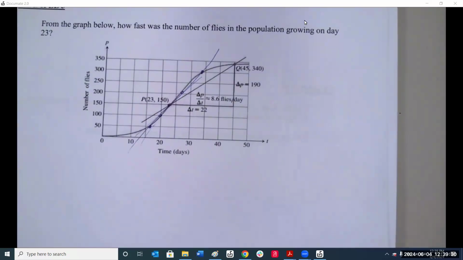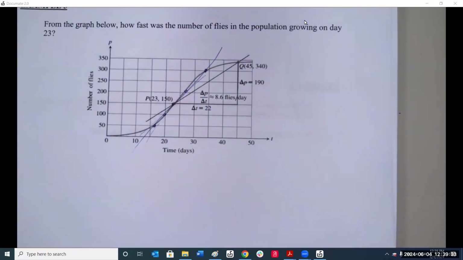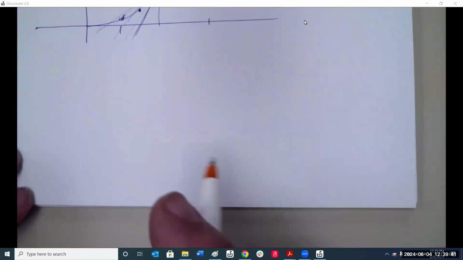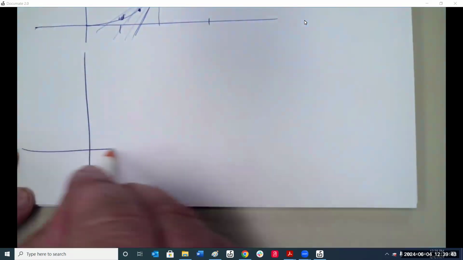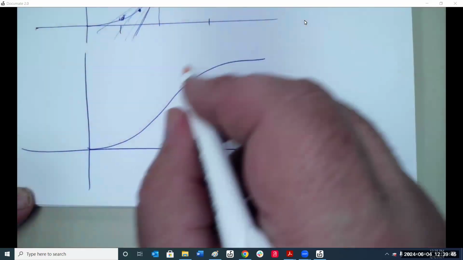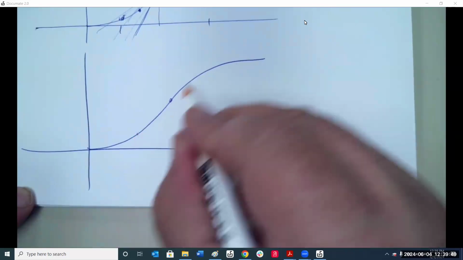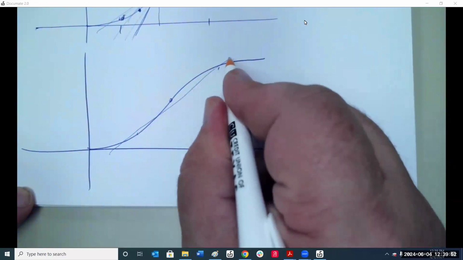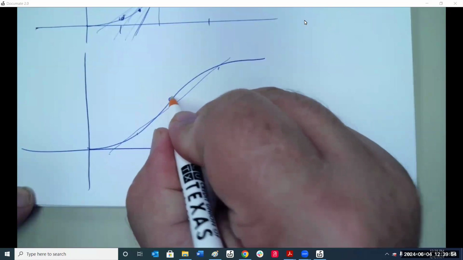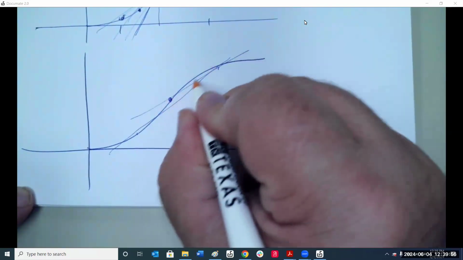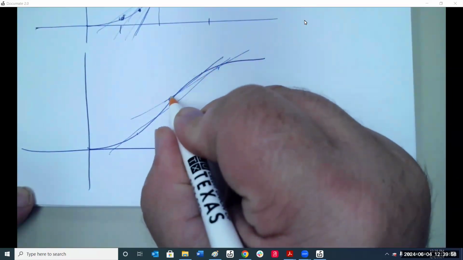We could pick points like that, or we can use that as one of our points, and eventually that will get us closer and closer.